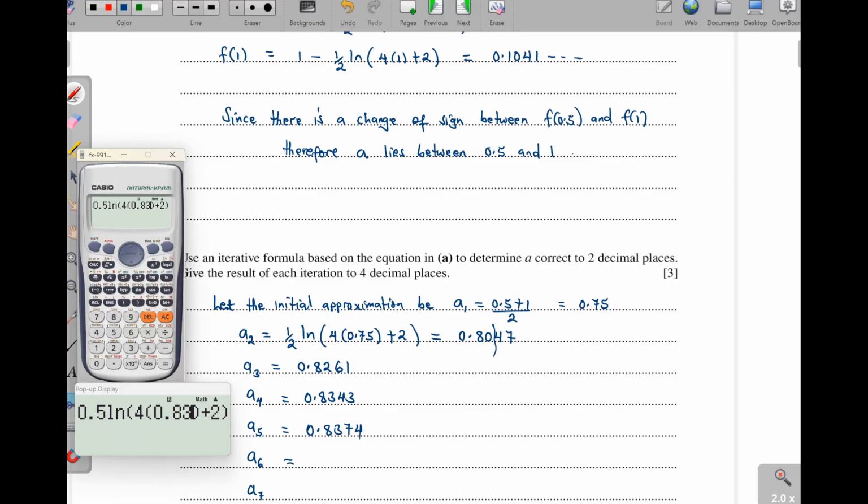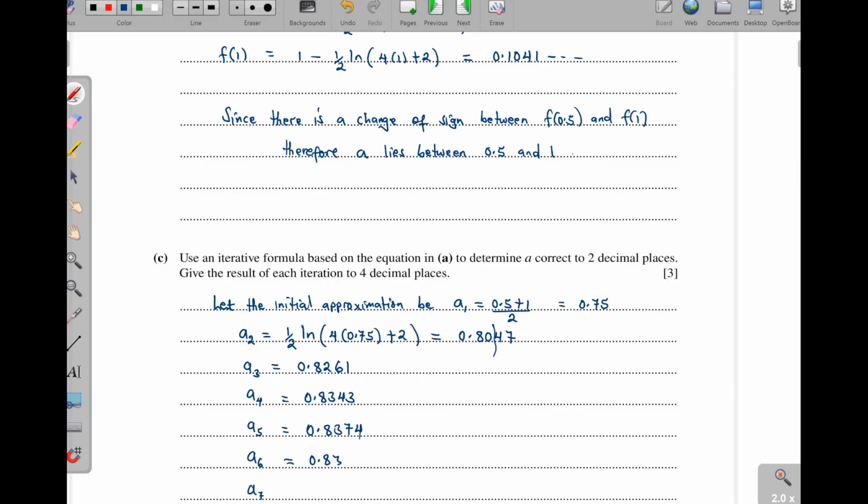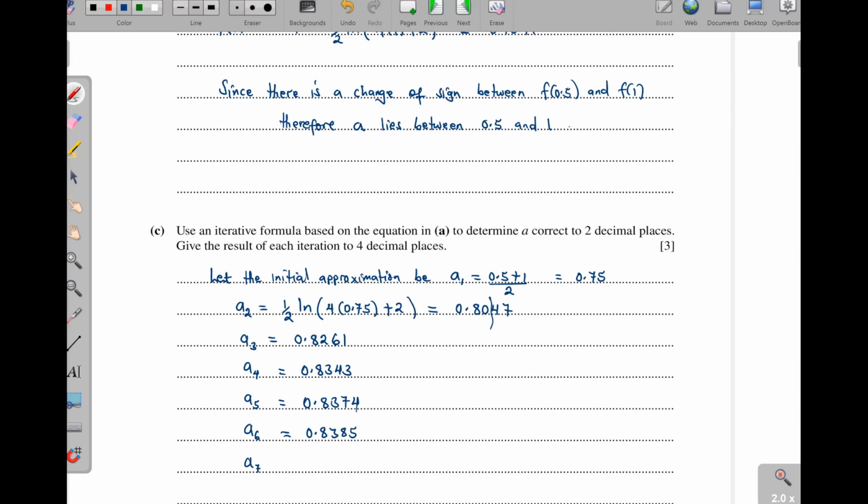0.8374. What does it give us? That is 0.8385. Now, when you look at this one here, it is also giving us 0.84. Okay? So we continue. These two are giving us the same value. So we continue and we see whether this one confirms.